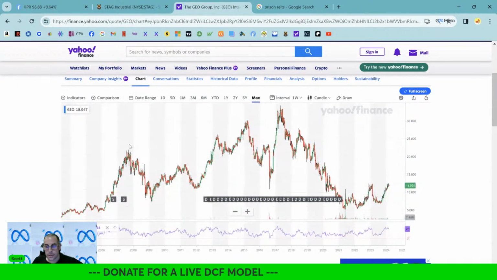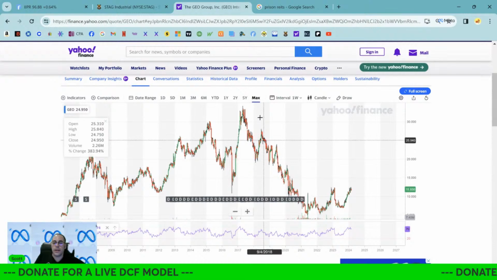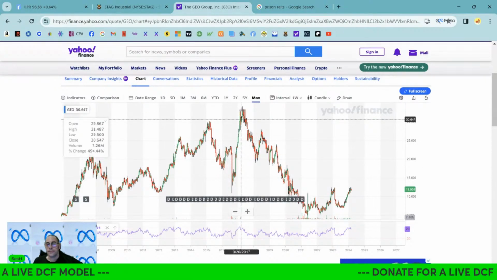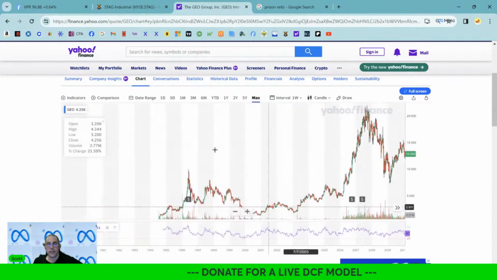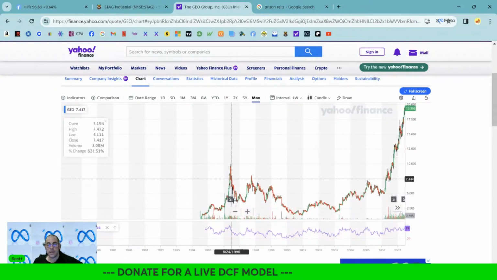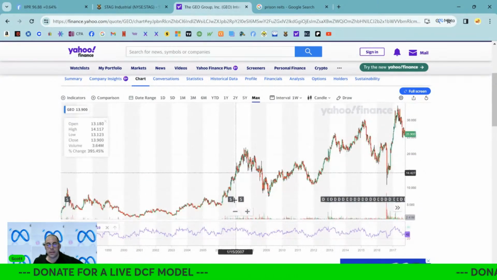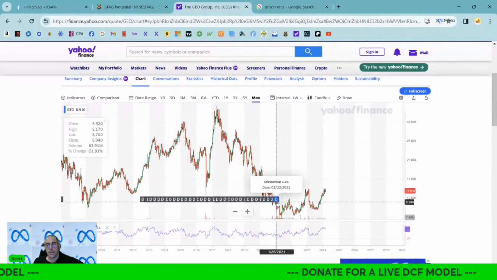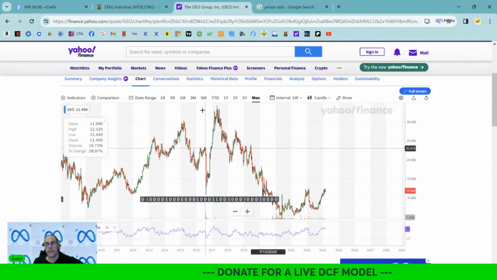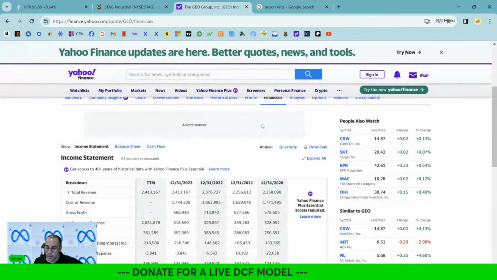Let's see. It's really struggling. It was over 30 in 2017. They did a couple of normal splits. They cut their dividend. So yeah, it's struggling.